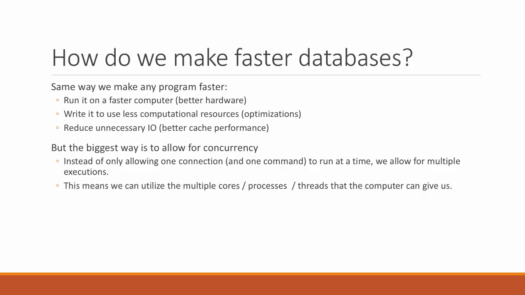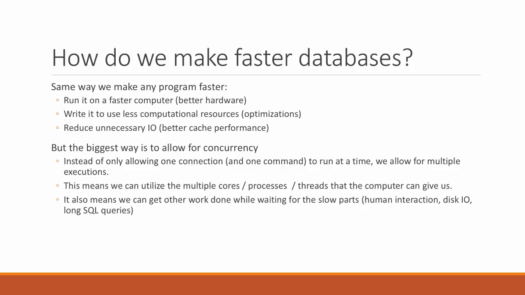What this means is that we can utilize the multiple cores, processes, and threads, the parallelization that the CPU architecture can provide for us. This also means that we can get work done while waiting for the slow parts. Usually the slow parts are things like human interaction or disk I/O, or some queries take much longer than others. And it'd be really nice if, even though there's one query that's going to take an hour, we can still handle other queries at the same time.